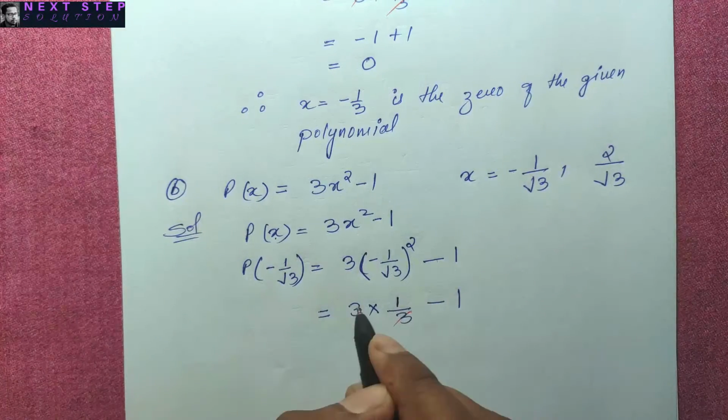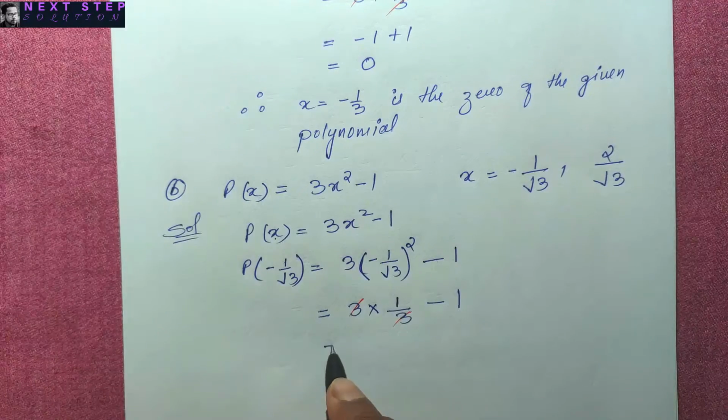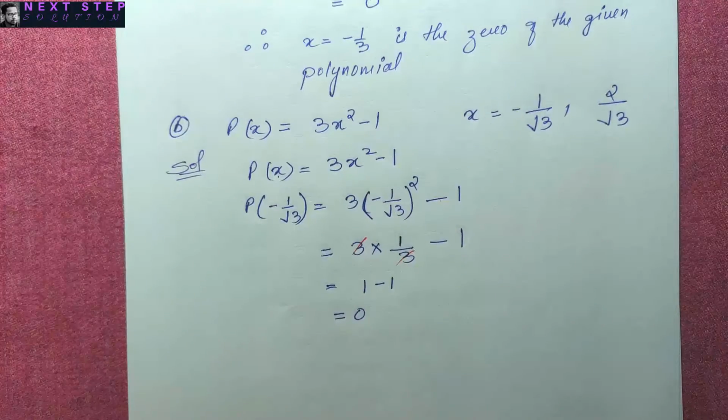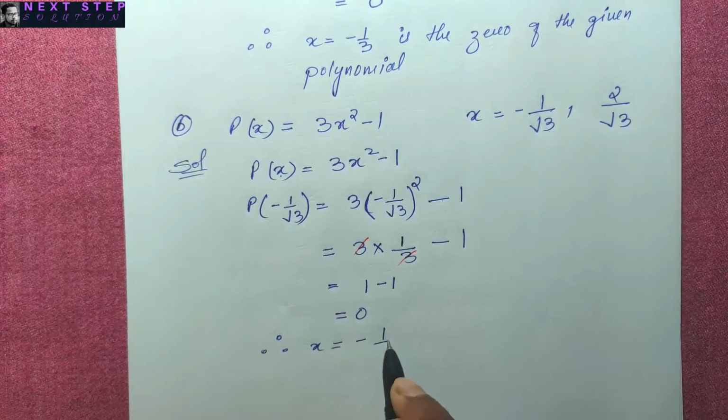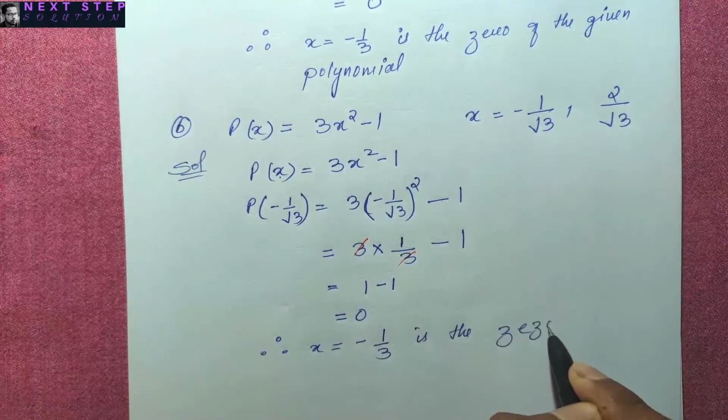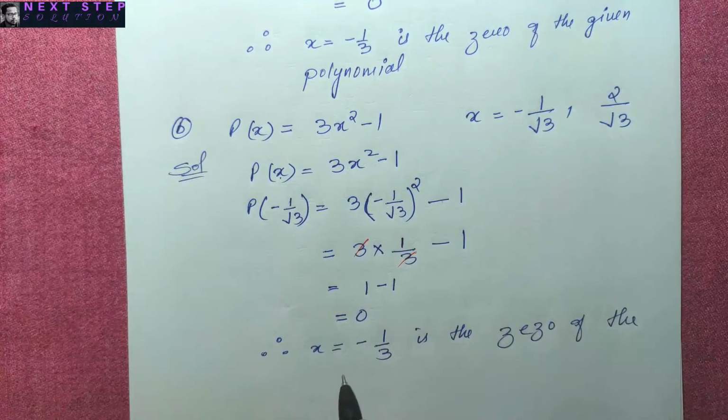Now here we can cancel these 3 with these 3 and we have 1 minus 1. 1 minus 1 is equal to 0. So therefore x equals minus 1 by root 3 is the zero of the polynomial.